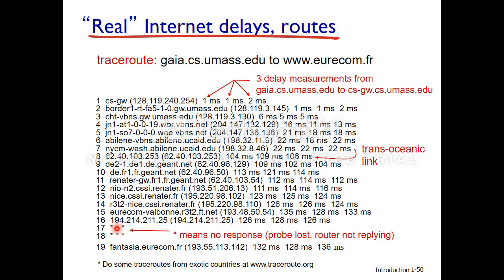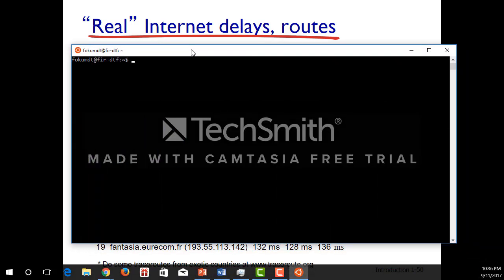Now, sometimes when you do traceroutes, you might get an asterisk, which basically means you get no response. The probe was lost or a router is not replying. I should point out that these days many hosts, many networks have now blocked traceroutes, so it's quite rare that you get responses to traceroutes. Just to highlight that, I am going to show you here.